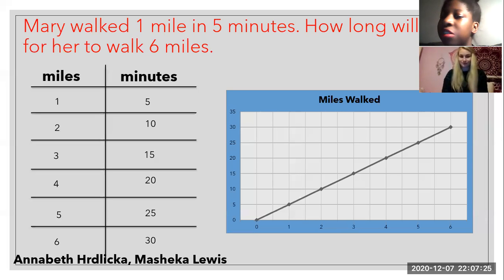It's easier to use a constant rate to see how far it goes. So for 1 mile, it'll go 5 minutes. It's easier to use a constant rate so we can see exactly how far the person went. And it's very important to use the constant rate.